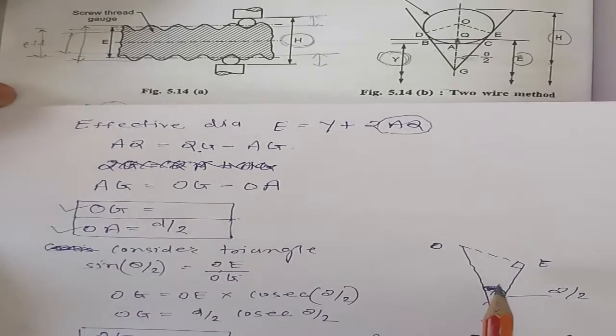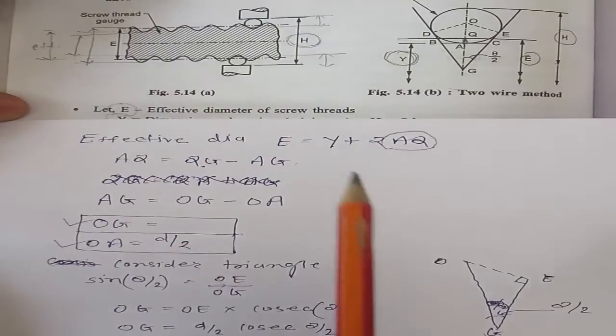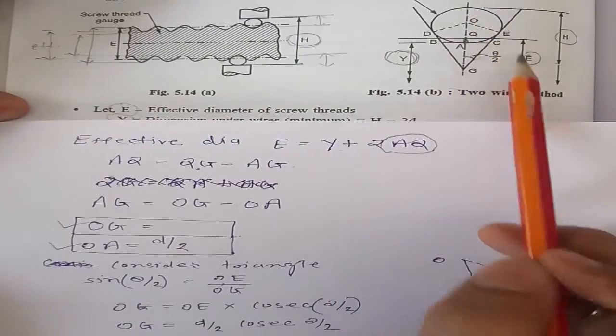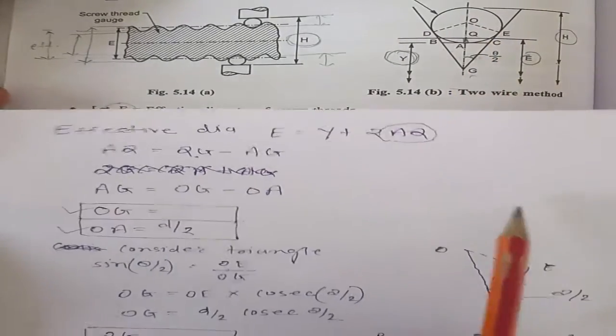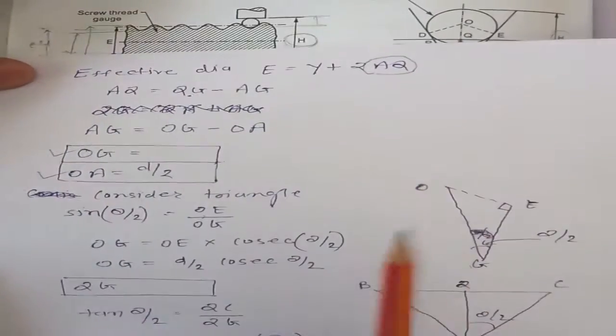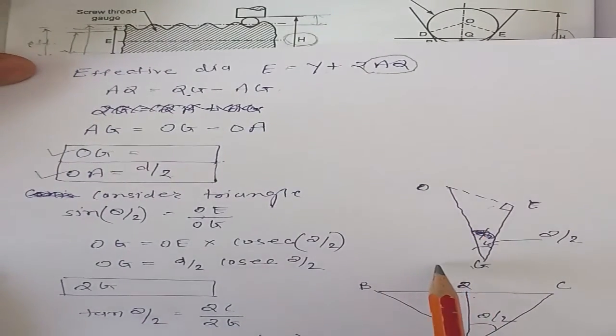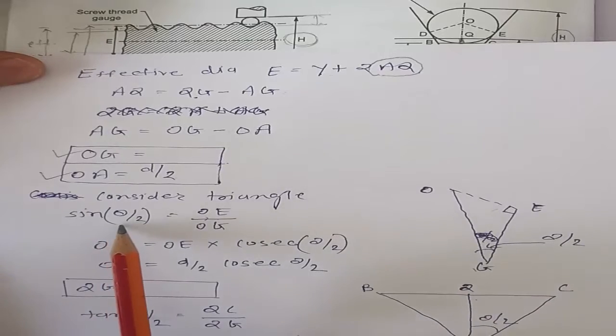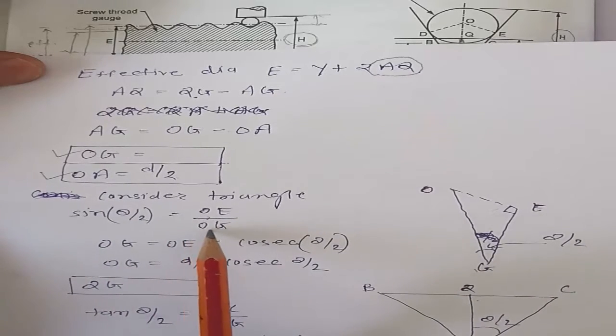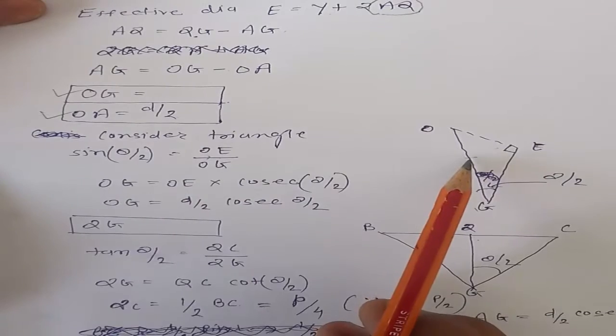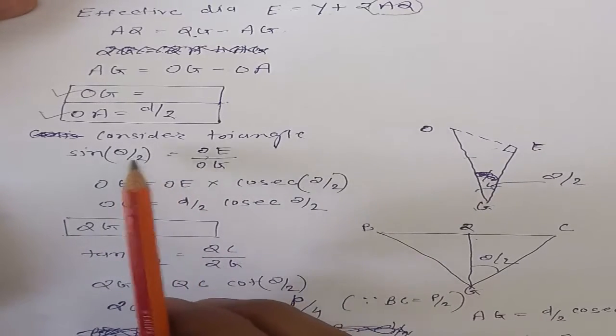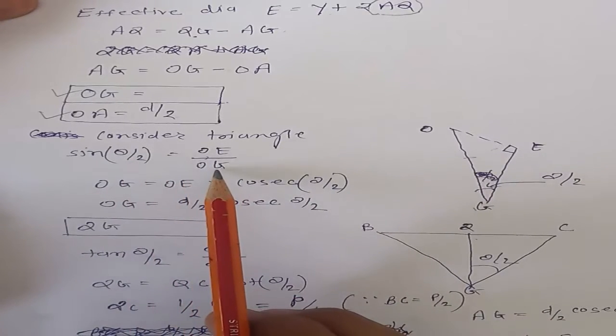Here, from this triangle OEG, sine theta by 2 is equal to OE upon OG.